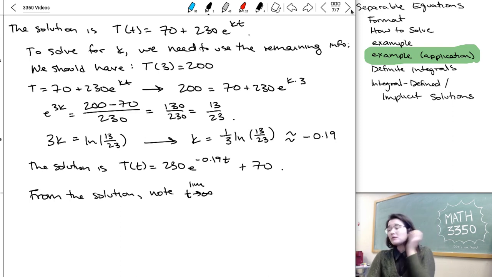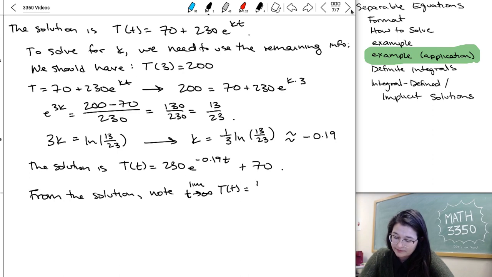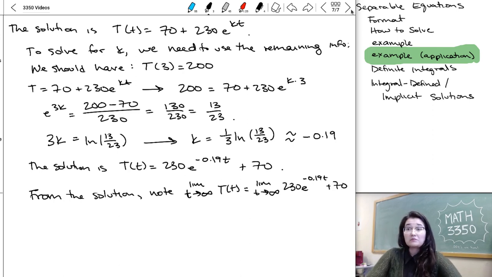I'd like to know, as time goes on, what happens to the temperature of the cake? So it's the limit as t goes to infinity of that thing. If it's been a while since you took limits, it's okay.